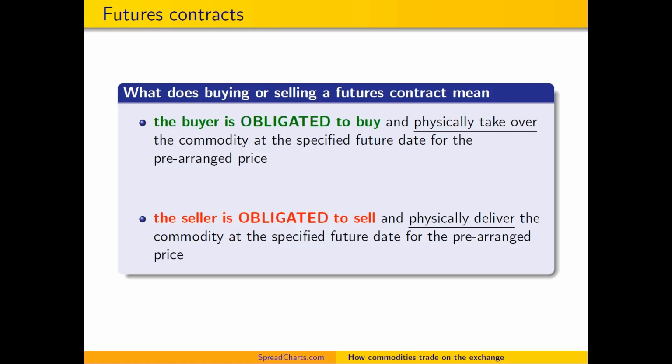The second difference is the settlement process, which can be either physical or financial for commodity futures. The physical settlement is precisely the same as in our car example. Basically, you must take the physical commodity, or the car in our example. However, the financial settlement means no physical commodity would change hands.